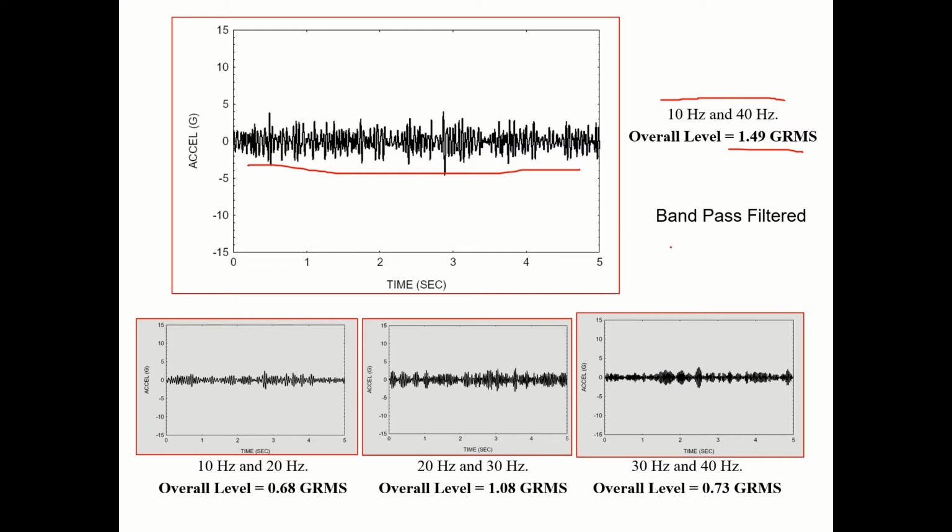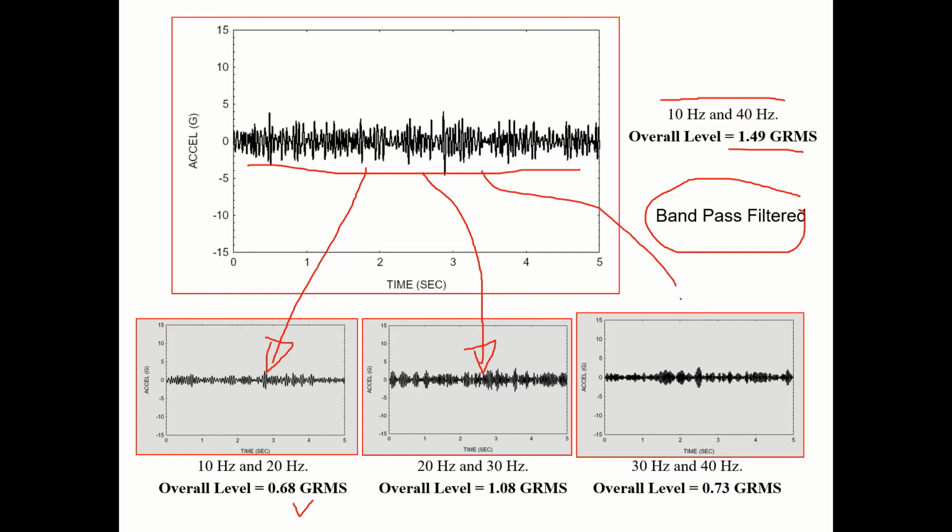Now I'll take a filter, say a band pass filter, and extract a graph of acceleration versus time from 10 Hz to 20 Hz, and I also get the GRMS value. Then from this I get 20 Hz to 30 Hz. Again the remaining I'll extract from 30 Hz to 40 Hz. So I know the GRMS values, and I also know the bandwidth.